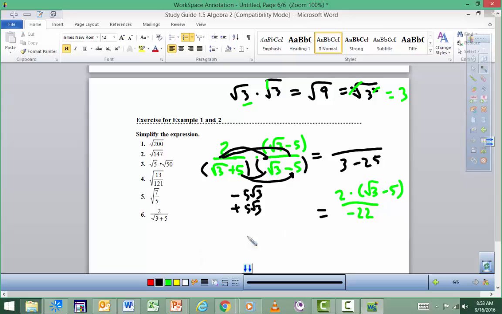We can do this little trick. We can divide this one by 2 and divide this one by 2, in other words, this can cancel off with that. And that gives me negative 11 down here, and then I have square root 3 minus 5.